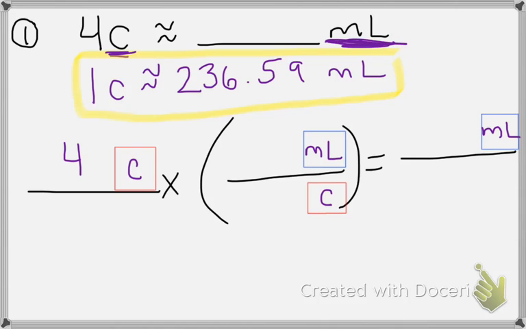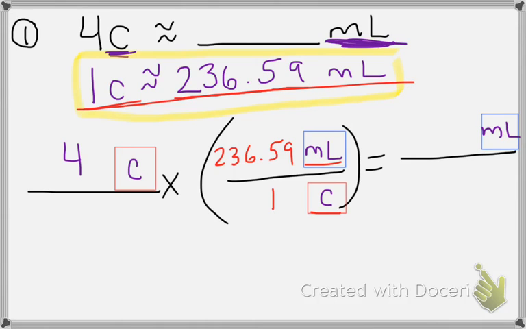Then that middle fraction, remember, is the relationship between the two, which we found from the table. Where the milliliters is, I'm going to put 236.59. That's what we found from the table. And the cups, we got 1 cup: 1 cup is 236.59 milliliters, again from that table. So everything's filled in.